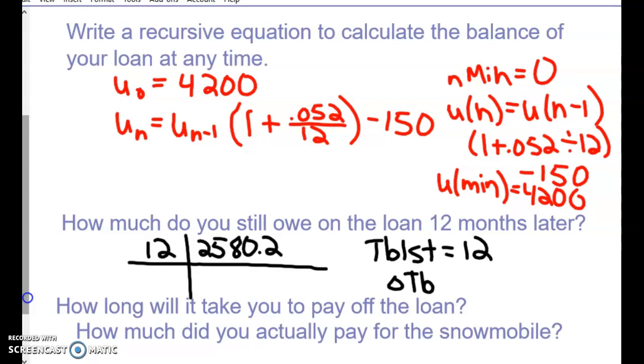The change in table just means it's going to go up by 1: 12, 13, 14, etc. So change your 1s. But once you have it set that way, it'll pop right to 12 and you'll have your answer, which in dollars and cents is $2,580.20. So that's what they would still owe.